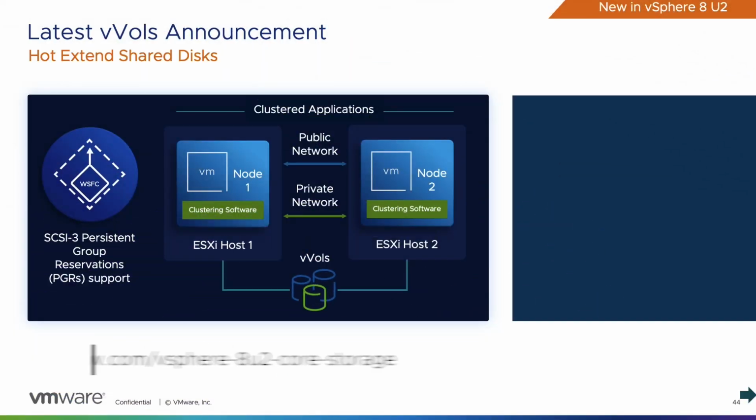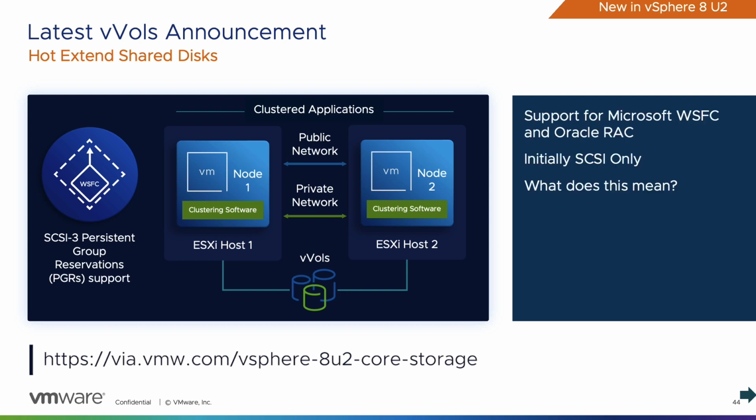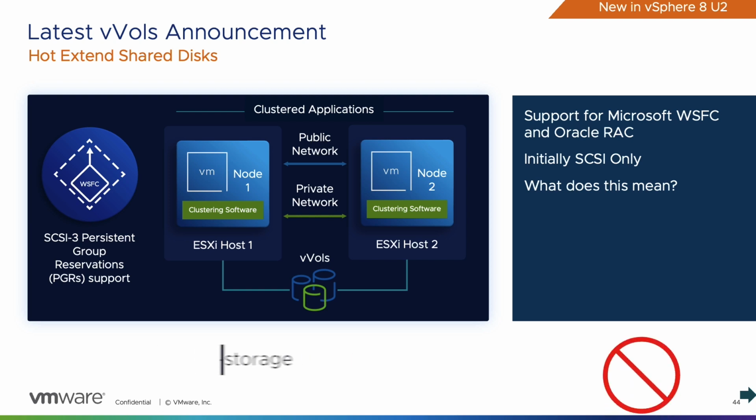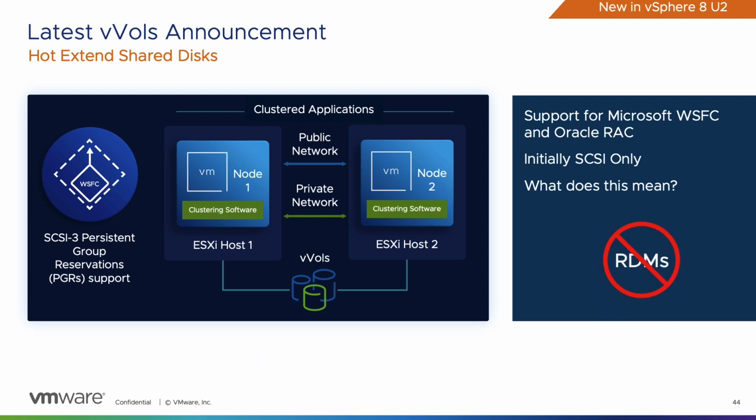We've got a lot of announcement blogs around that, but it's one of the things customers have been asking us for quite a while. Right, when customers were using shared applications, something that would require SCSI-3 persistent reservation or multi-writer, they need to extend the disk while that clustered application is online.